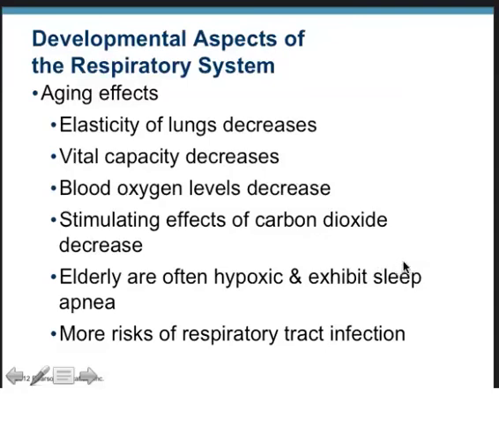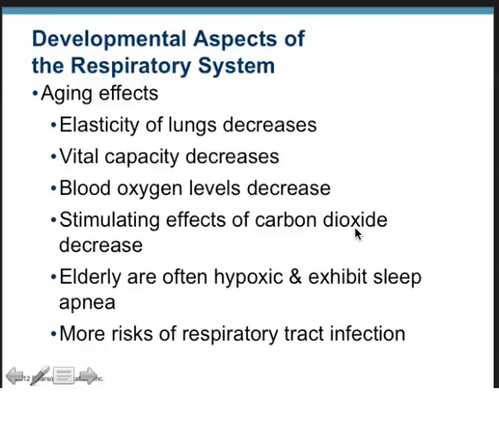And so that's going to invariably happen the older we get. The lungs are going to lose their ability to properly ventilate, and as a result, the ability of the respiratory system to load oxygen into the body is going to decline, and as a result, our energy and activity levels will decline as well.